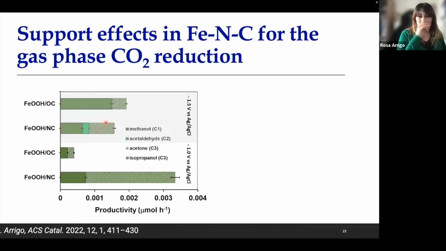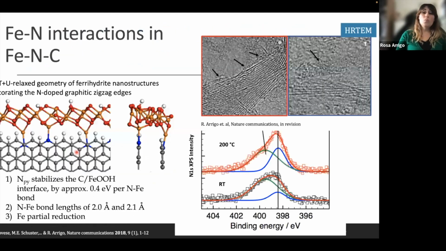We looked into this system in the gas phase CO2 reduction, and again, the nitrogen-containing system is selective towards isopropanol, whereas the oxygen-containing system is mainly methanol, and less active, if you want. Now, a DFT model analysis shows that it is correct, based on the TEM picture that we see here.